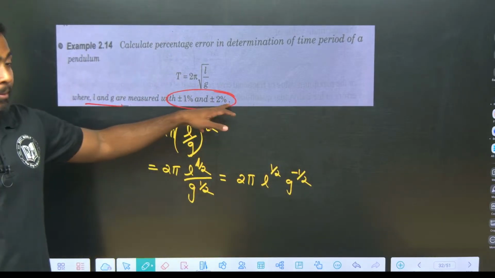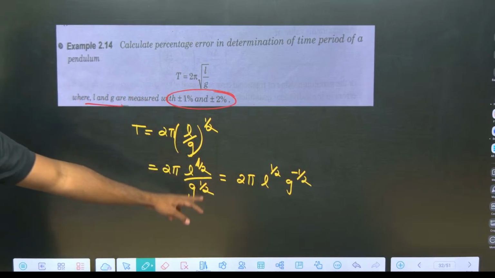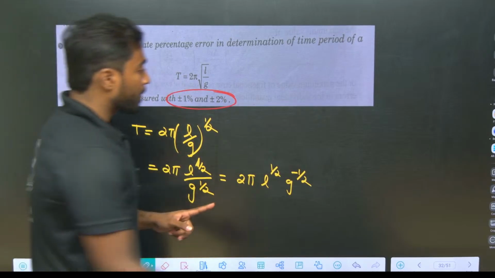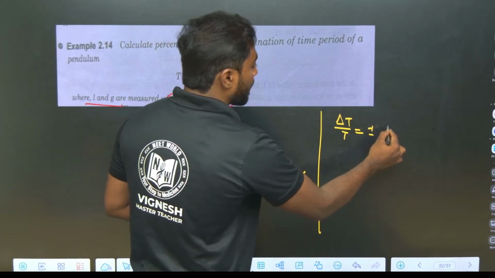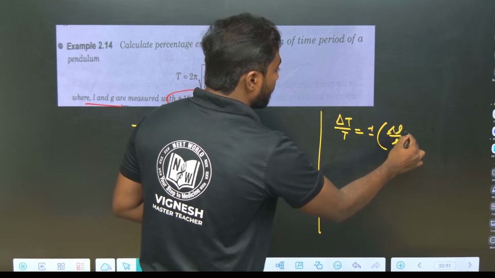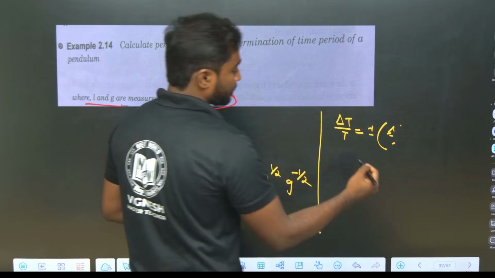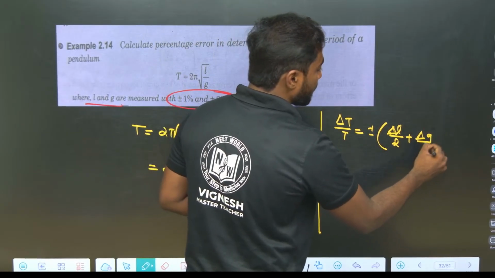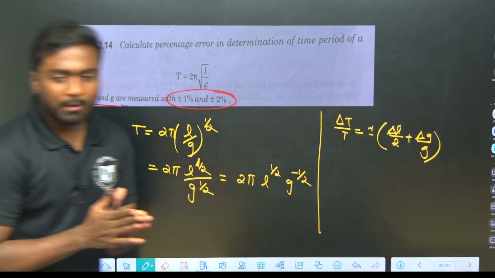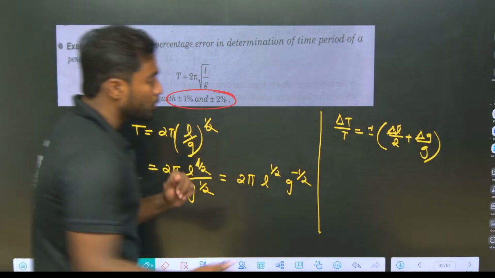So they are asking the percentage. So what I should do here, this is multiplication. Keep in mind delta T by T is equal to plus or minus delta L by L plus delta G by G. This is the formula, but we know that the power is given. What I should do now?